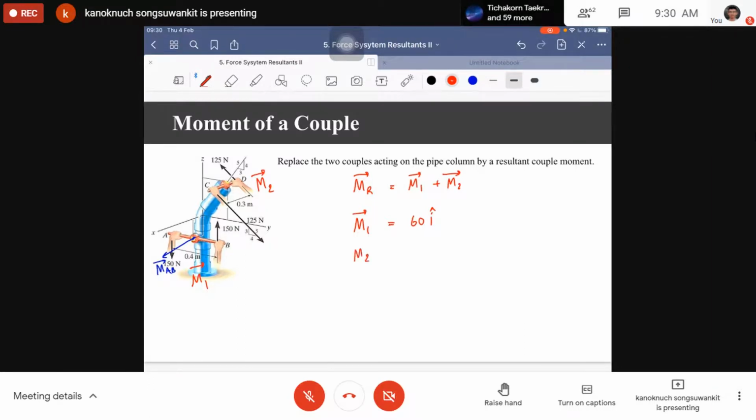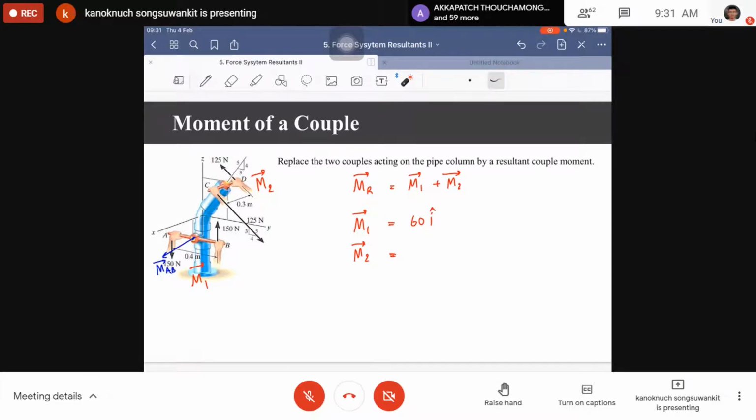And what about M2? You can find the magnitude of M2 by using M equal to Fd and then resolve this magnitude into the x, y, z axes, or into Cartesian form.